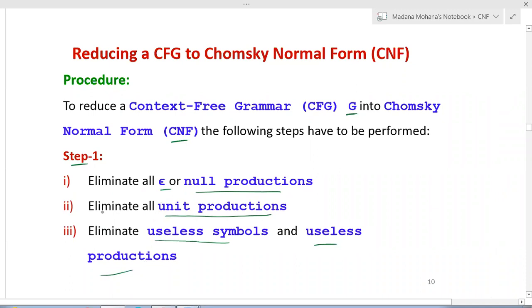So this is the first step for any given context-free grammar. You can check if any context-free grammar contains null productions, unit productions, useless symbols and useless productions, or any one of these, even a single one. So you have to remove it. Then only you can proceed to further steps. So that is step one.